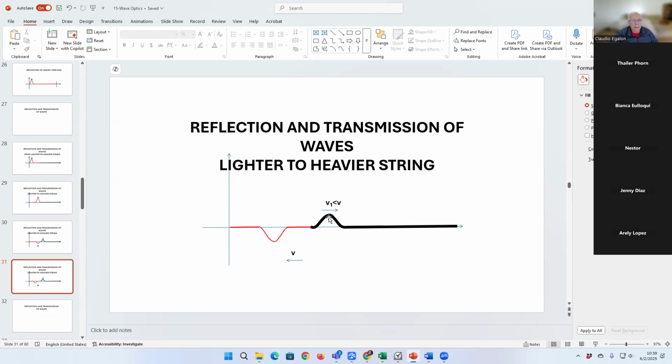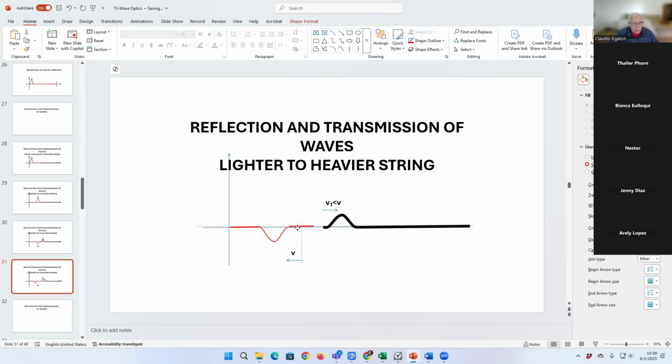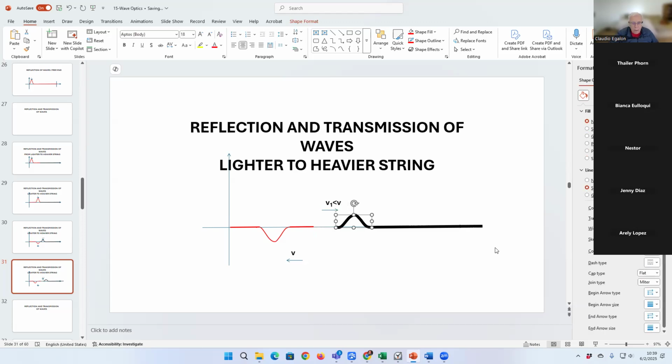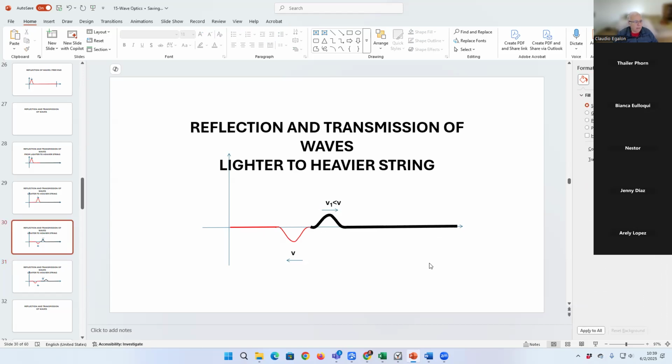And then we have a transmitted wave on the other side as well. I'm going to shorten this and connect here. That's what actually happens in real life. Okay, let's play the movie.